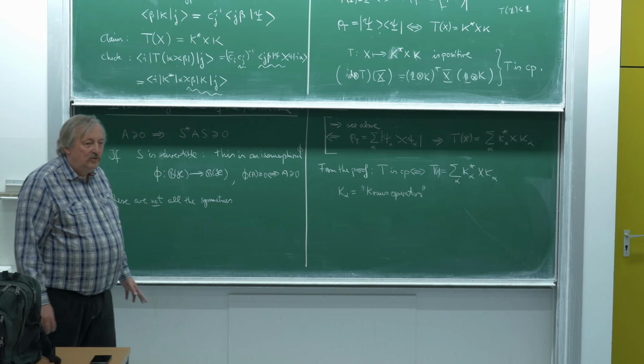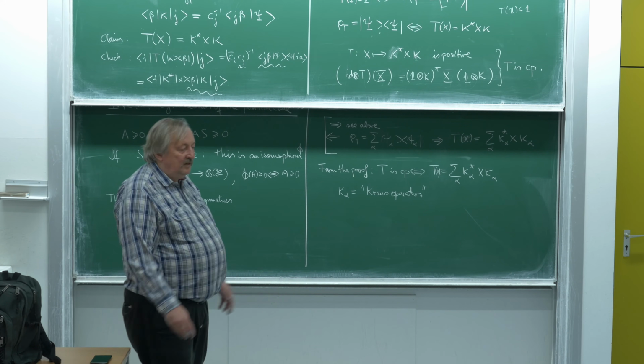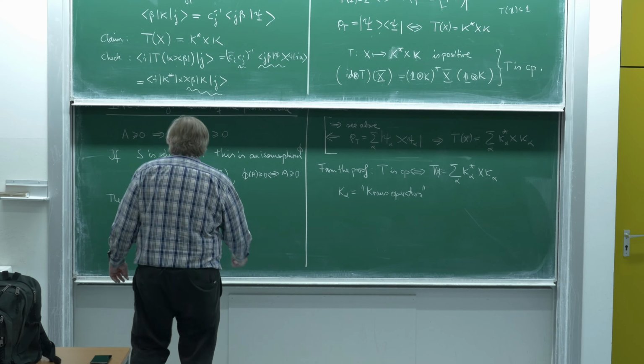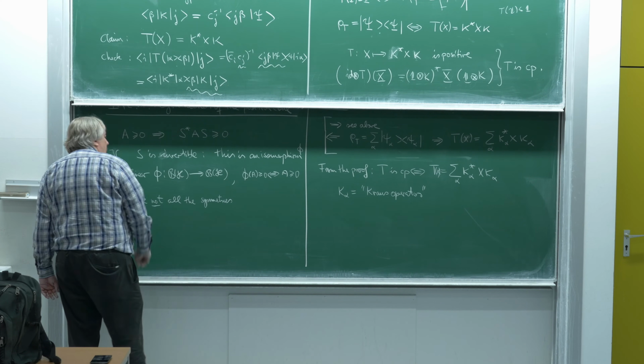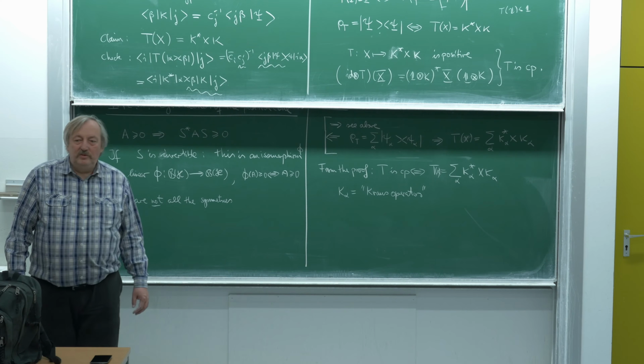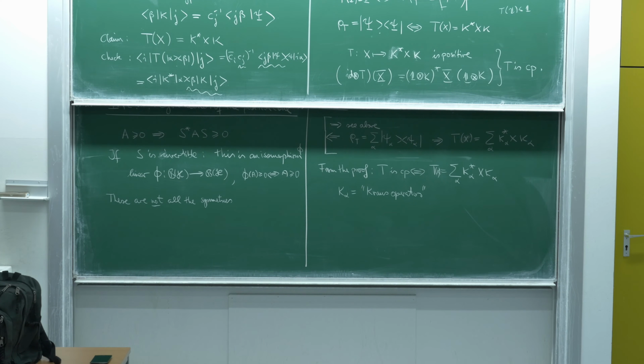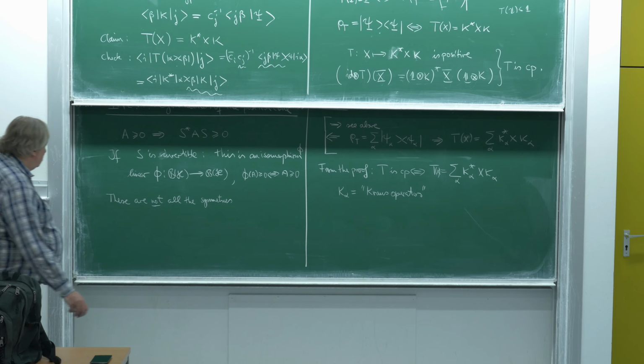What else can I do to operators? We want a linear map, right? That has this property of giving a positive result if and only if the operator is positive. Any candidate?